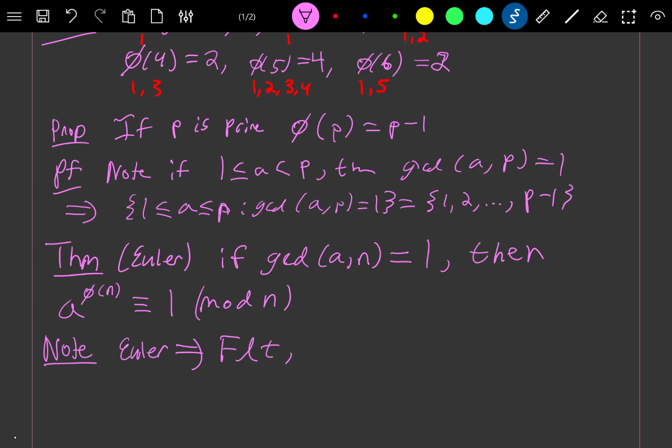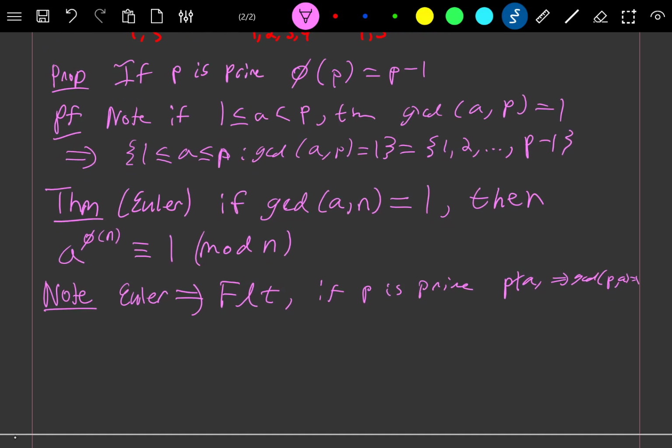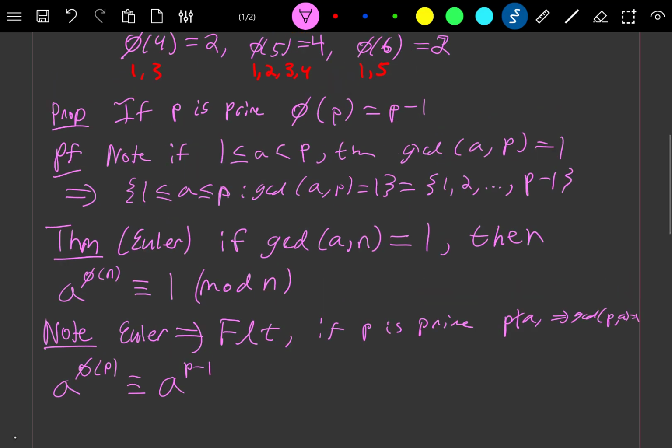This is because if P is prime and P does not divide A, so this tells me GCD of P and A is 1, then we have A to the phi of P. Well, this is just A to the P minus 1, because we showed up here that if P is prime, phi of P is P minus 1.